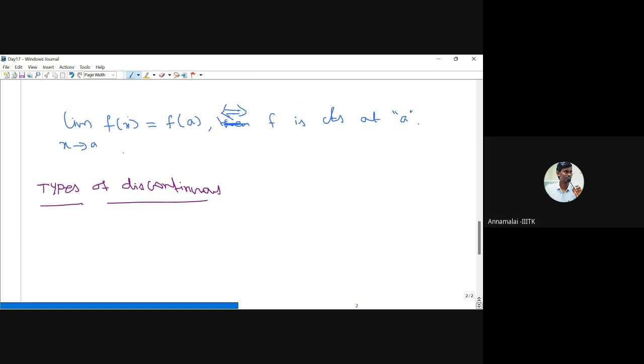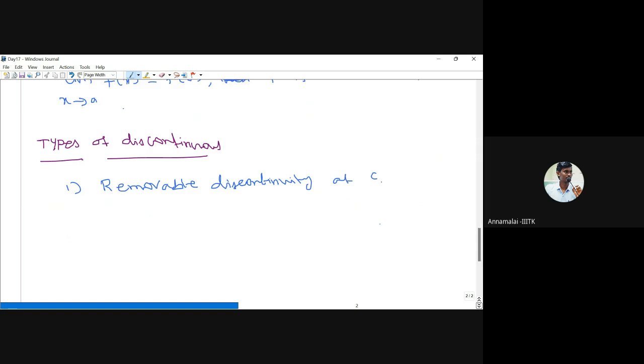The first type we call a removable discontinuity. When we say a function has a removable discontinuity at a point c, the limit exists but is not equal to f(c). That is, if the limit as x goes to c of f(x) exists but is not equal to f(c), then we call it a removable discontinuity.